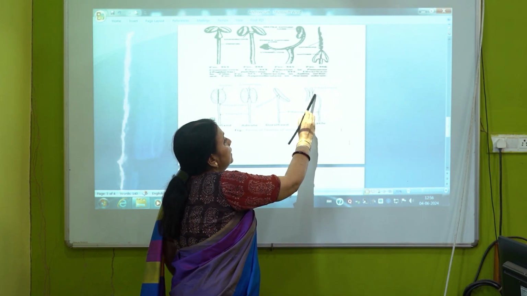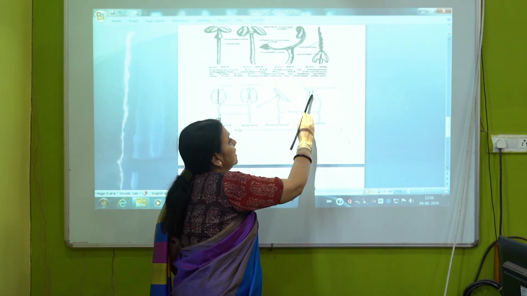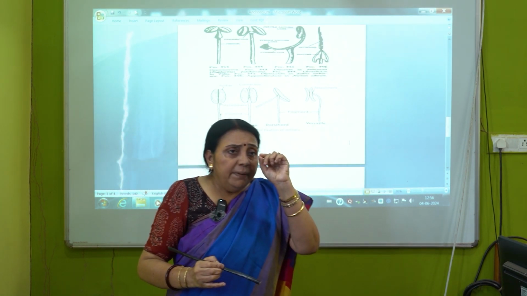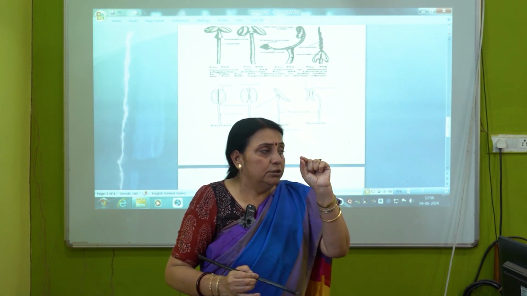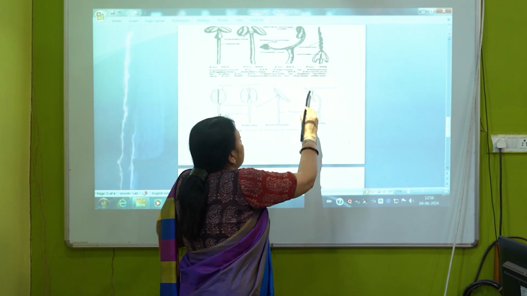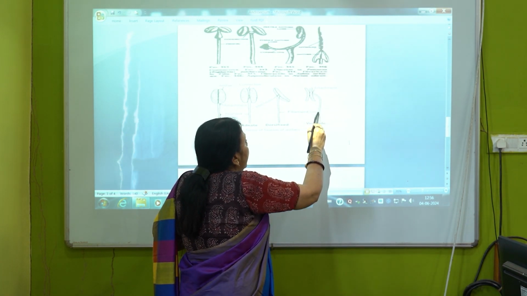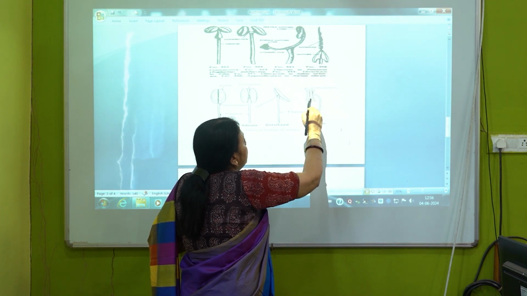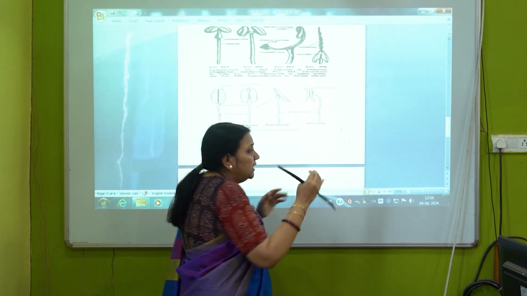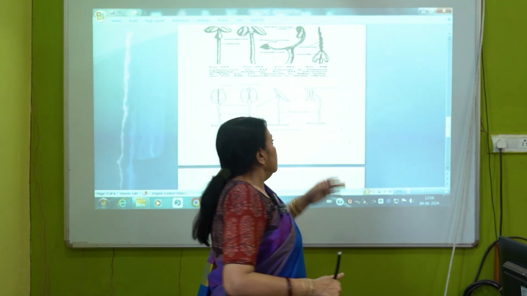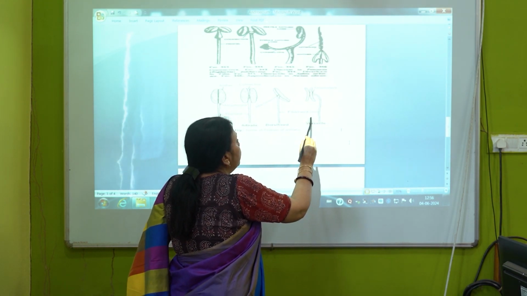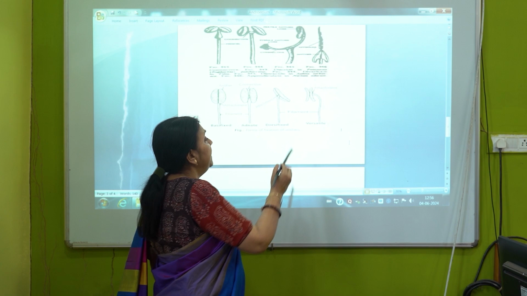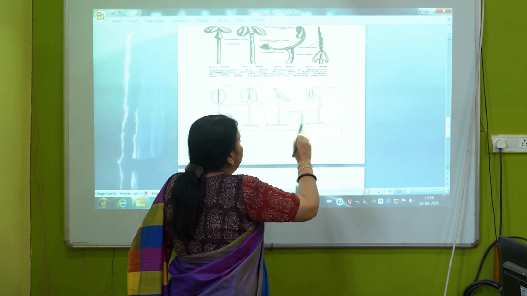In this case, the filaments are attached to the anther at only one certain point, and that's why the anther becomes free floating. It is a very important feature in the case of the family Poaceae.